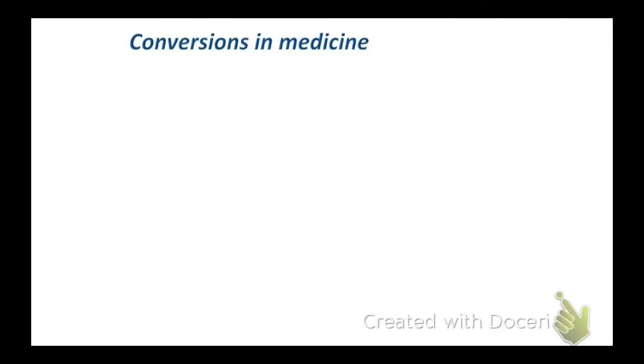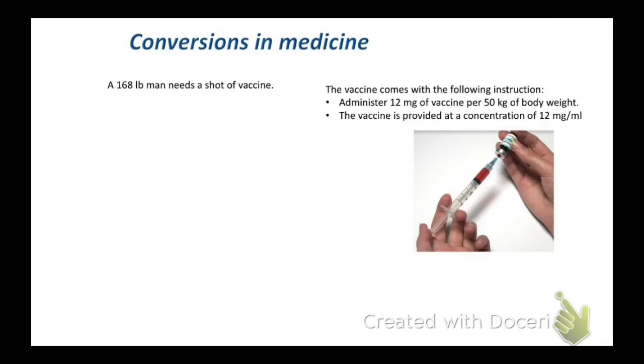We'll look at some conversions in medicine because these are similar to what you'll use in the laboratory. So in this example, we have a 168-pound man who needs a vaccine. And the vaccine that you have comes at a concentration of 12 mg per ml, and you need to administer 12 milligrams per 50 kilograms of body weight.